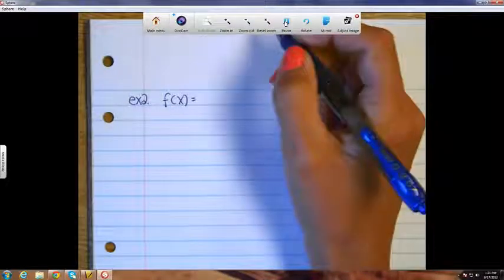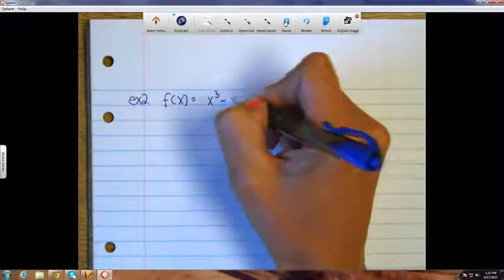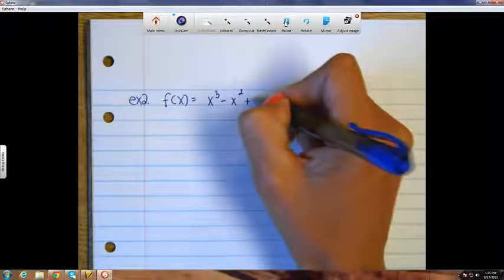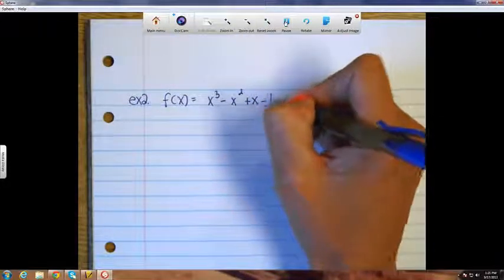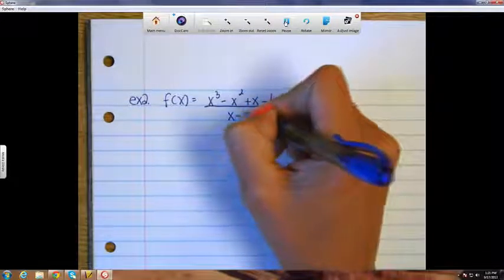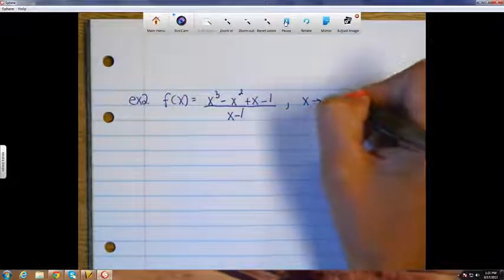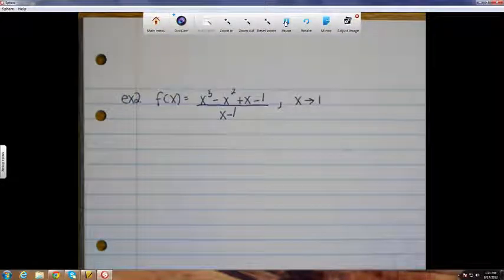Okay, example 2. Same thing, finding the limit algebraically for f of x equals x cubed minus x squared plus x minus 1, all over x minus 1, and we're going to let x approach 1. Again, sketch the graph, show the discontinuity at 1.